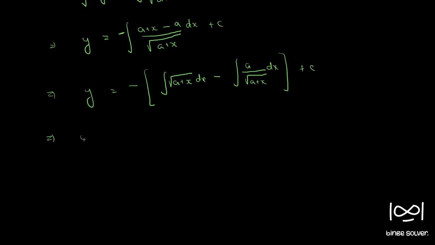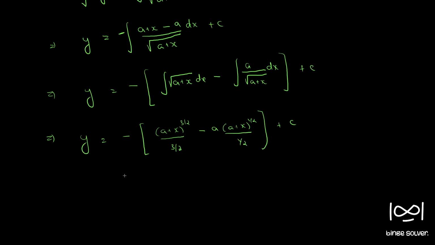So these two can be easily integrated. So y equal to minus of root of (a + x) becomes (a + x) raised to 1 by 2 plus 1, that is (a + x) raised to 3 by 2 by 3 by 2. Also here this becomes minus a into (a + x) raised to minus 1 by 2 plus 1, which is plus 1 by 2, so (a + x) raised to 1 by 2 by 1 by 2, plus c.